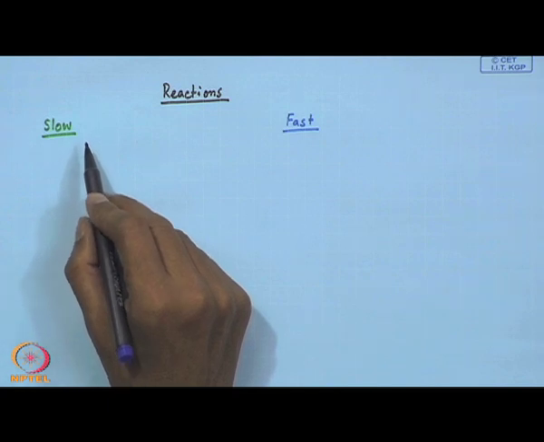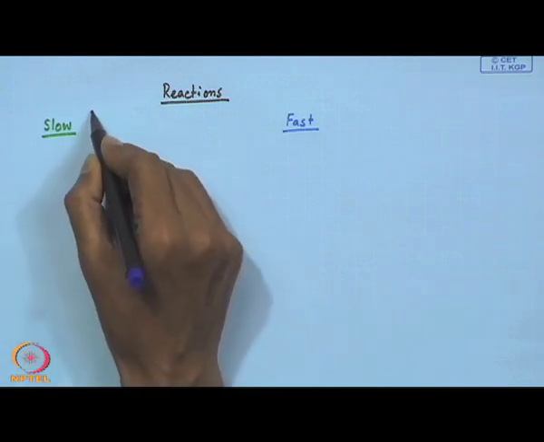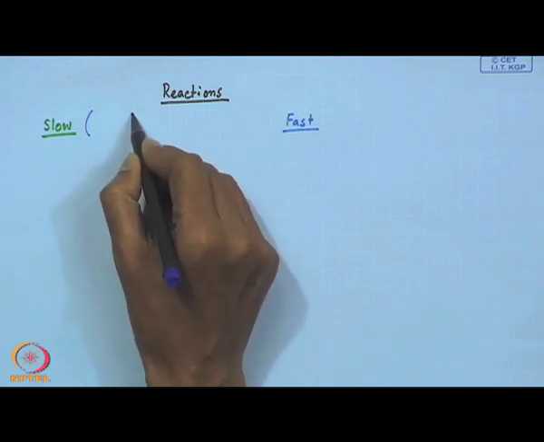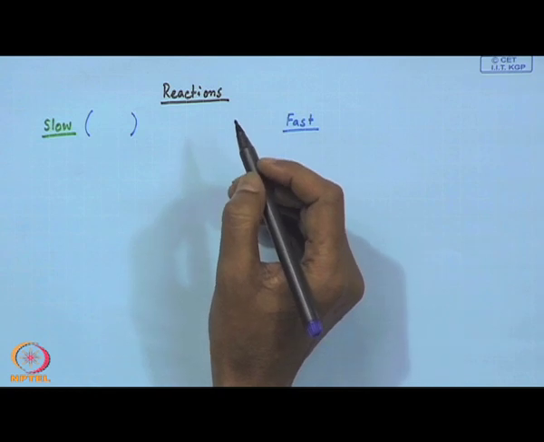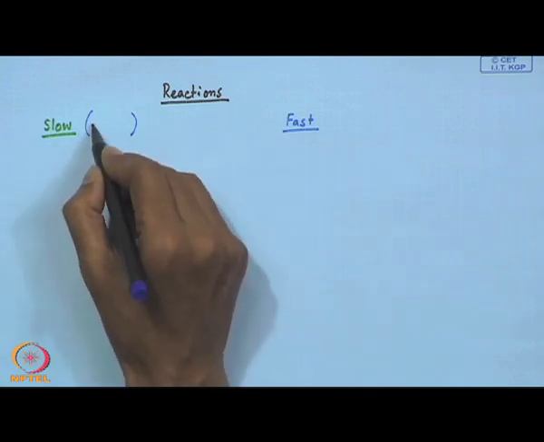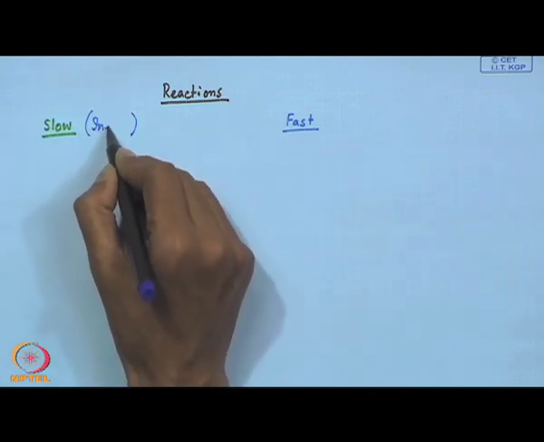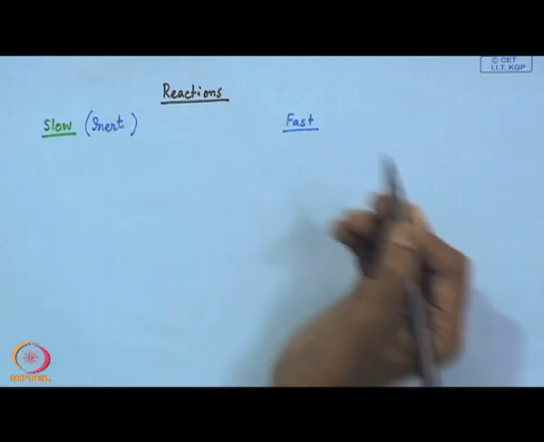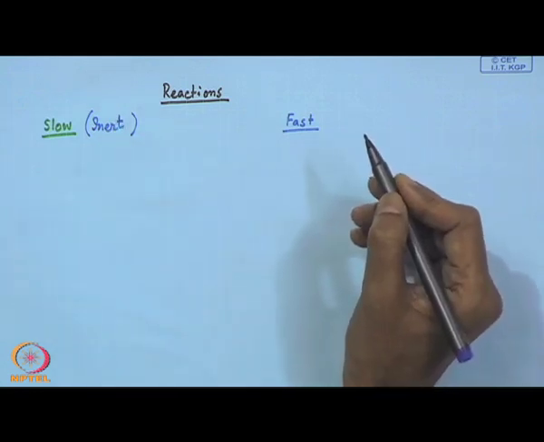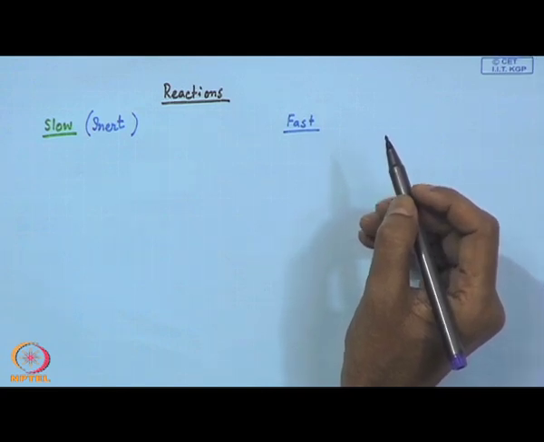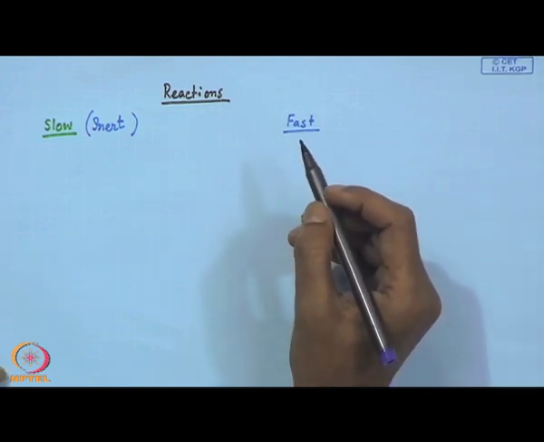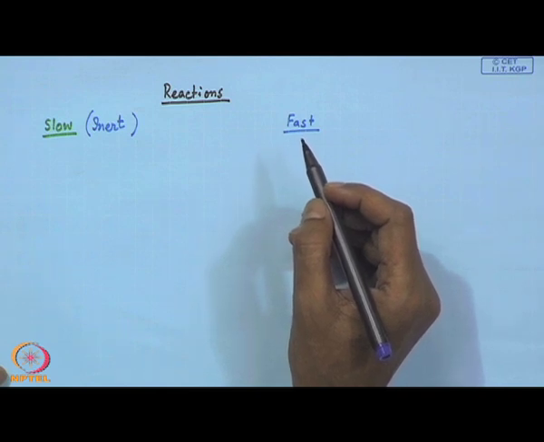When we have the slow reactions, we basically label the corresponding complexes which are participating in these slow reactions as inert complexes. These inert complexes definitely go for only slow kinetics, irrespective of their thermodynamic stability or instability.